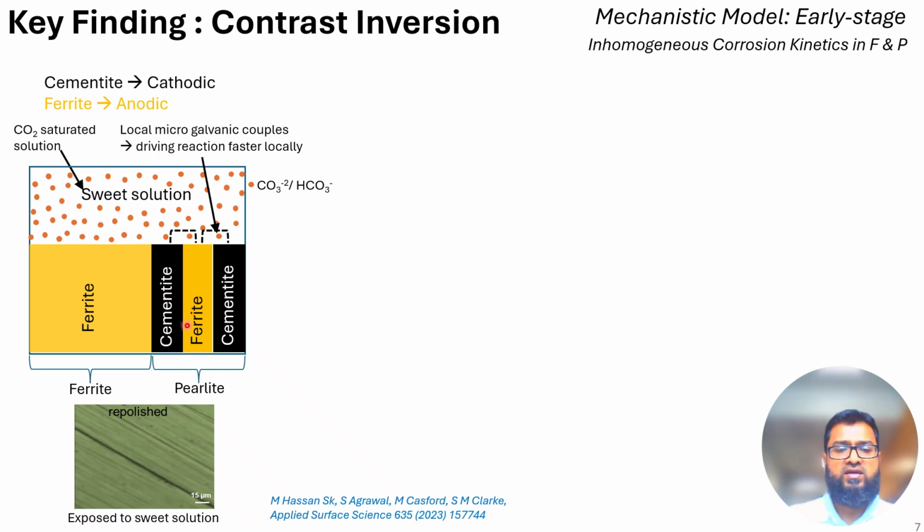Cementite is cathodic, ferrite is anodic, so you can imagine inside the pearlite phase there will be numerous microgalvanic couples which will drive the dissolution of this ferrite phase much faster compared to this pure ferrite phase.